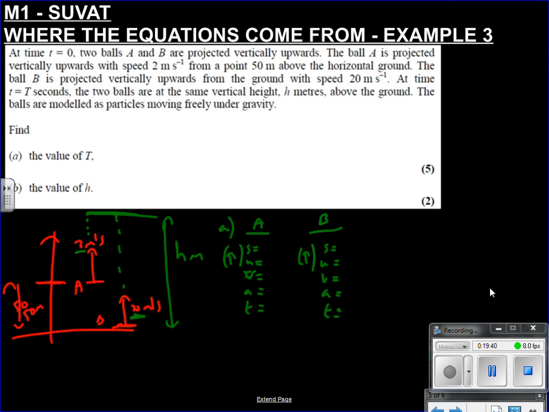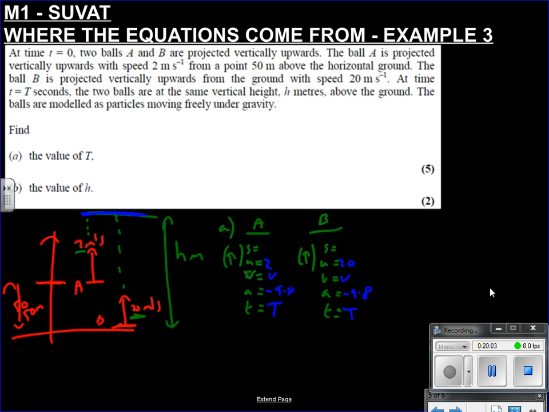The displacement for A, when these two things meet at the same height at the same time. So that gives us T straight away. They're both fighting against gravity. We don't know the final velocity for either, and for A, we know it starts at 2, and this one starts at 20.